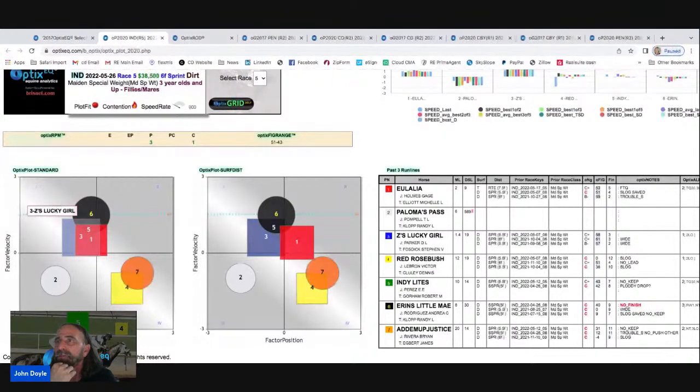Superfecta came back $254 with a 5, 4, 2, and 6. So not too bad if you went that route. I'll get them both in there. But watch that inside. I'll keep an eye on it.